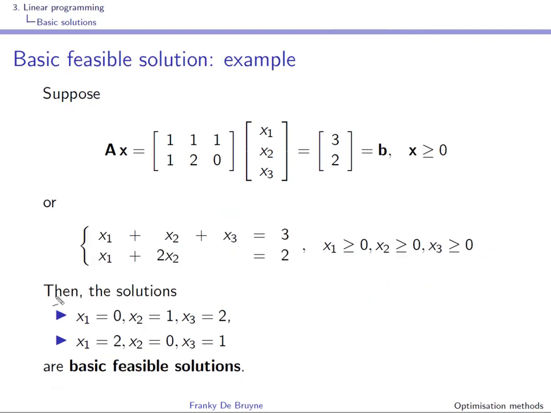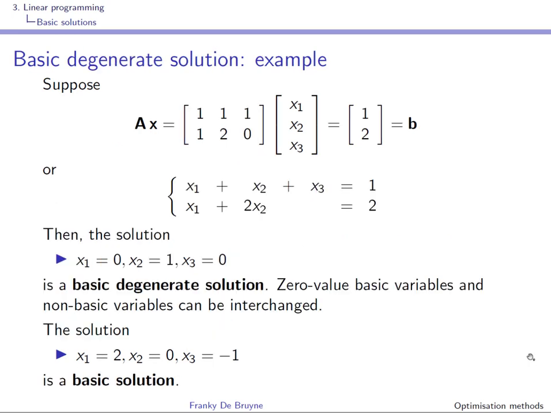And indeed, these are the 2 basic feasible solutions. They correspond to the 2 first solutions in the previous slide. We have changed the example a bit, and we have changed the first element of b. Previously it was 3 and now it is 1, but we still look for basic solutions.